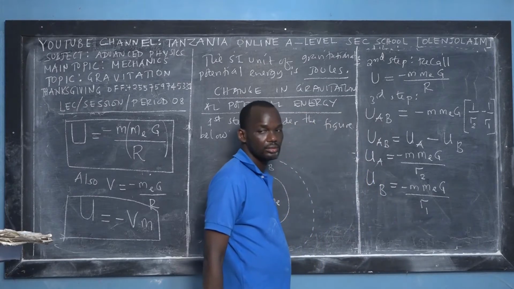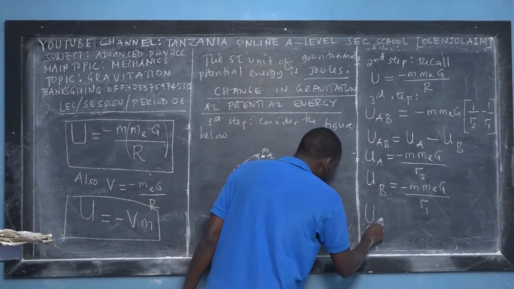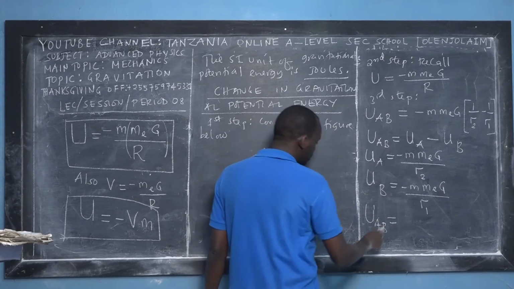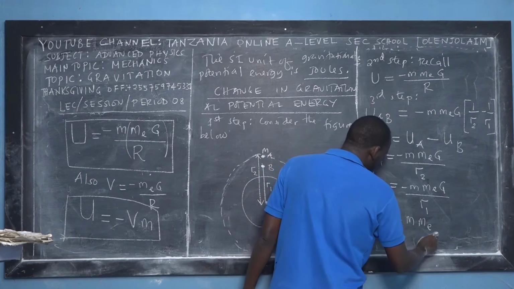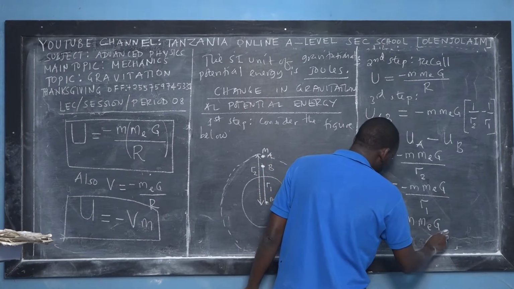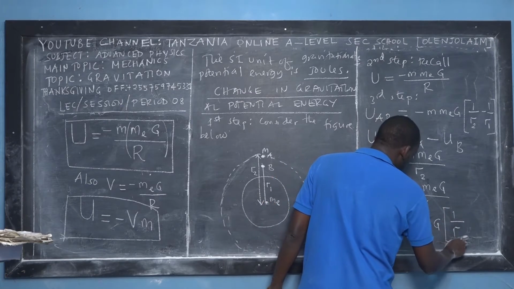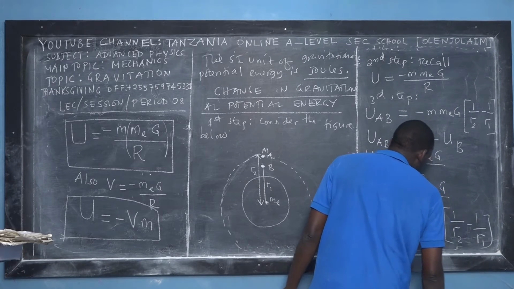So the gravitational potential between the 2 points A and B is equal to what? Negative mass of the S, mass of the body, times gravitational constant, times 1 over radius 2 minus 1 over radius 1.